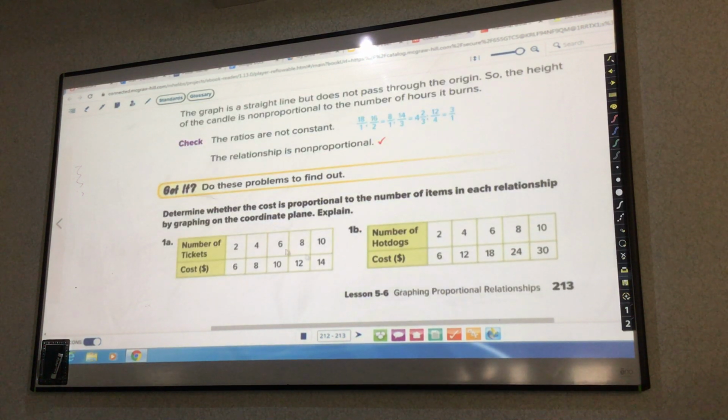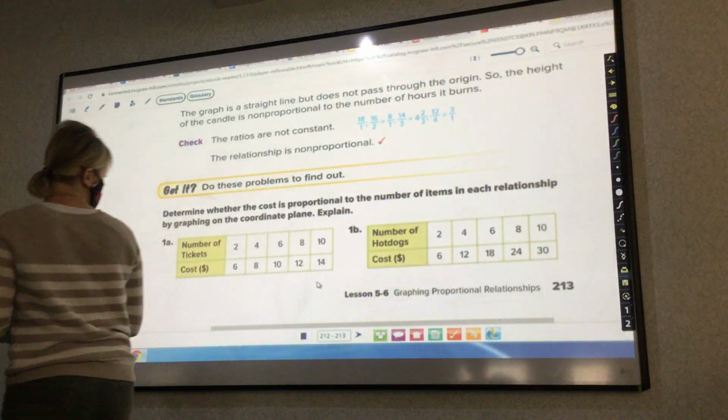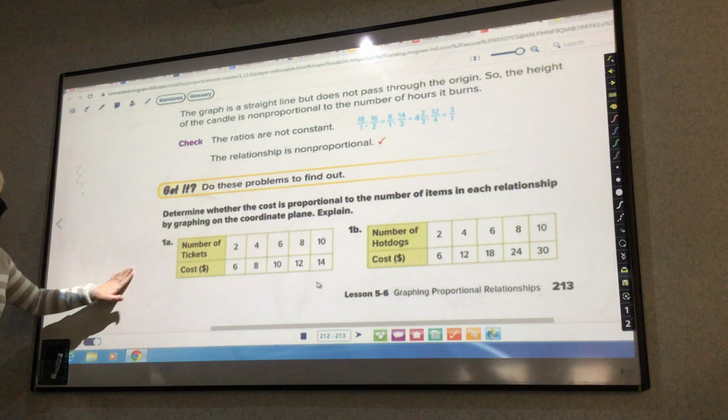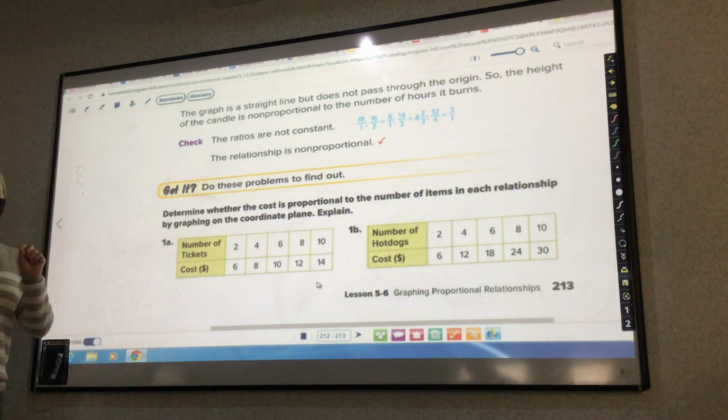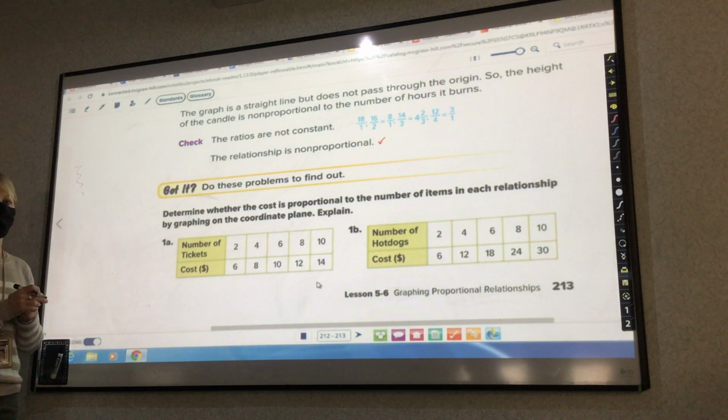So they give us the chart. Determine whether the cost is proportional to the number of items in each relationship by graphing on the coordinate plane. Explain. Okay. I want you guys to start by doing it the other way, and I will get out a stamp. You need to have a blank piece of paper out.